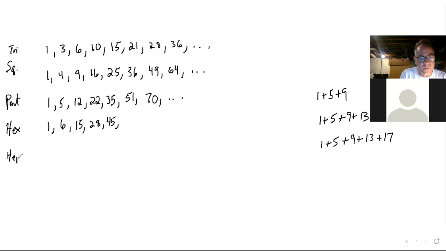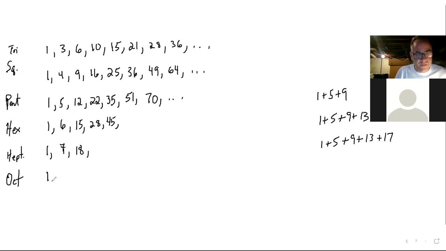Put in a few heps and a few octs. So if I put in heptagonals, I would suspect here I'm going to be adding by gaps of 5. 1 plus 6 is 7. Then 1 plus 6 plus 11. And adding 11 to here is 18. And notice that falls right down the column by 3.